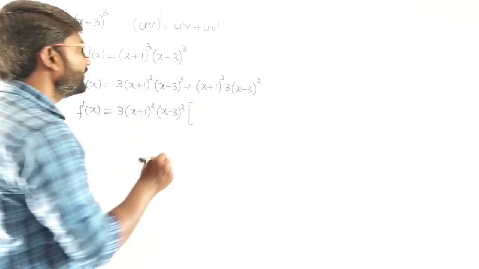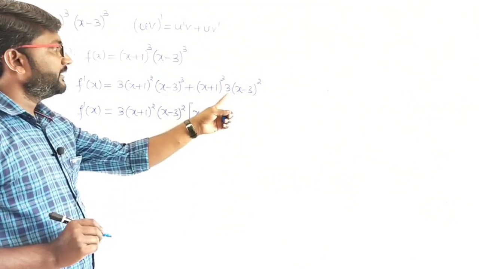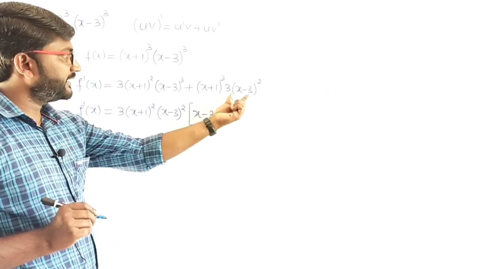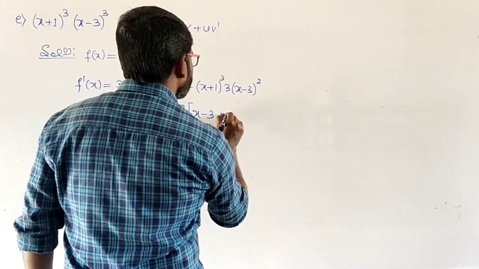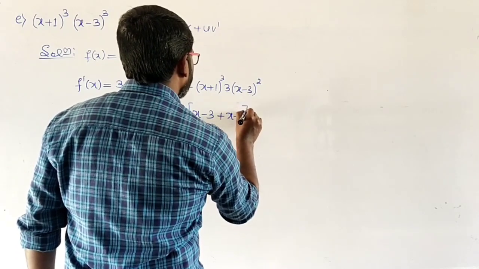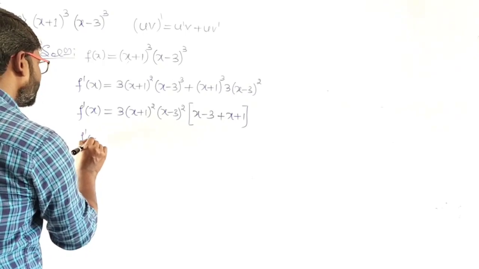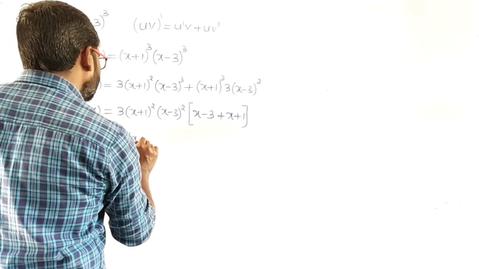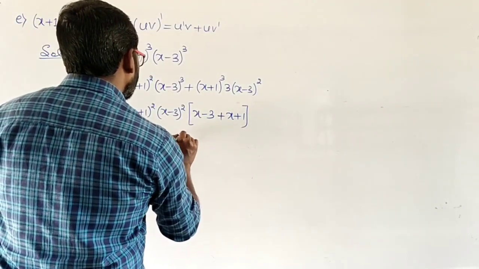That means you have x minus 3 here, and then 3 and x minus 3 the whole square both have been taken outside. Then x plus 1 the whole square means here we will be having x plus 1. Then let us simplify this. f dash of x is equal to 3 times x plus 1 the whole square into x minus 3 the whole square.